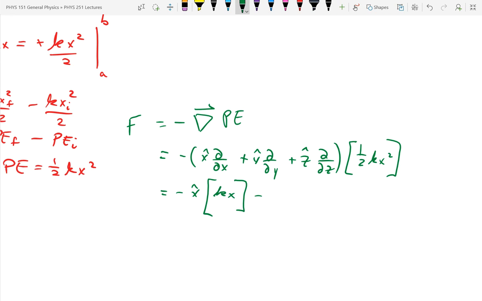Then we're going to have minus y hat. What's the derivative with respect to y of 1/2 kx squared? 0. And minus z hat, derivative with respect to z of 1/2 kx squared, also 0. And we recover the same force we started with.